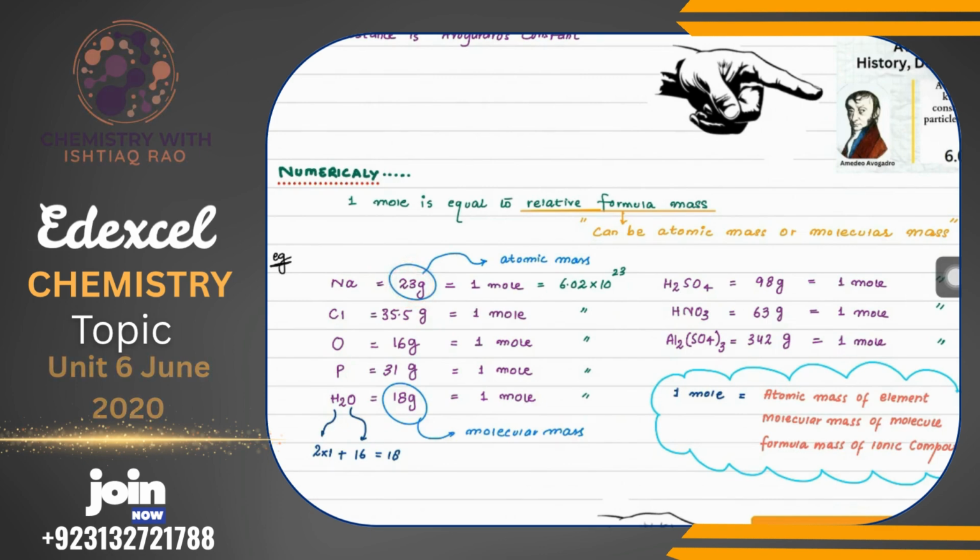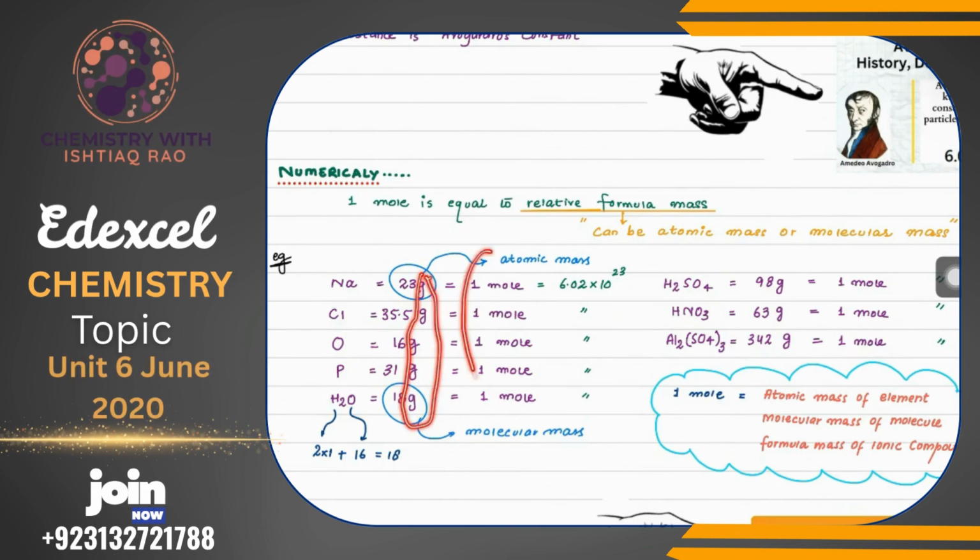From the periodic table, chlorine has a mass of 35.5, oxygen has a mass of 16, phosphorus has a mass of 31, then 18, then 98, then 63, then 342 grams. All are equal to 1 mole, when something is expressed in terms of grams.